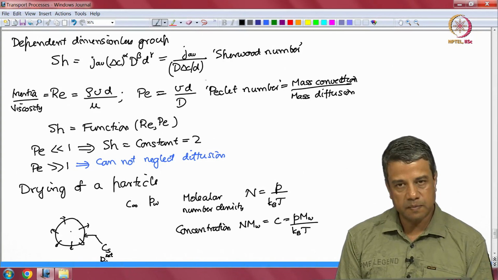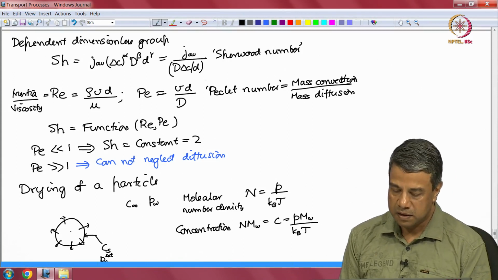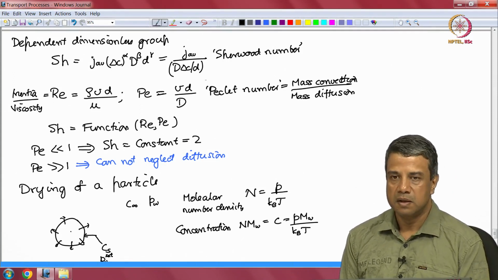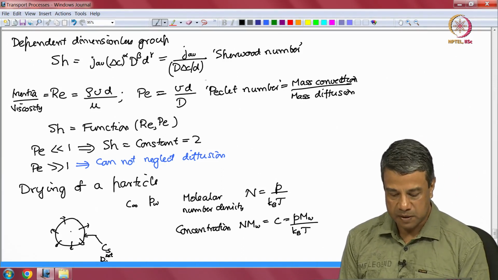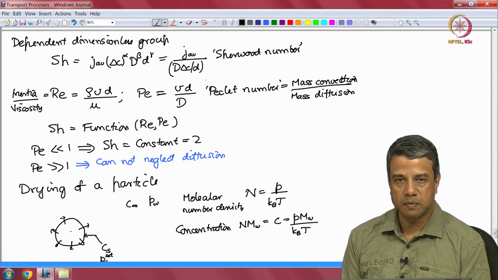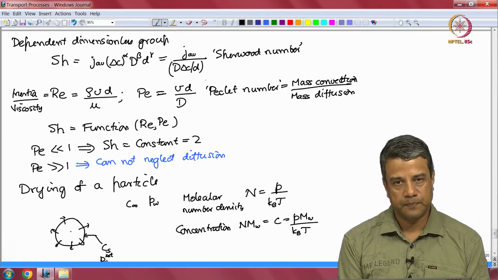In the limit of small Peclet number, convection is not important. Transport is entirely due to diffusion. Velocity is not a parameter. Therefore, the Sherwood number has got to be equal to a constant.